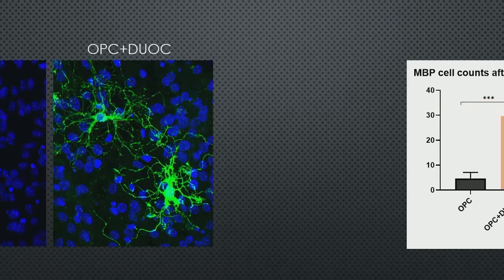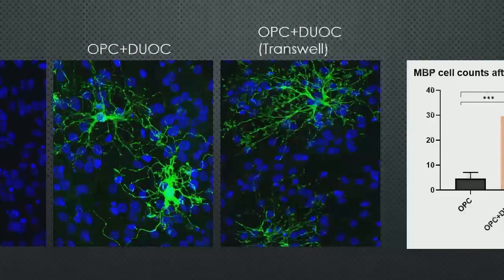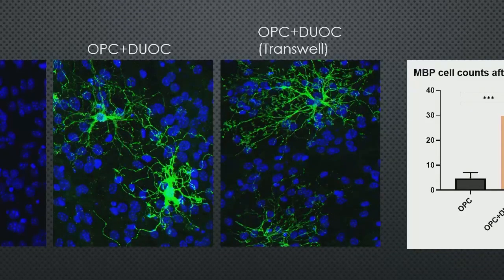And that's, again, quantified here as the amount of cells that express this MBP. When we used a transwell assay, we saw similar amounts of these mature oligodendrocytes, suggesting to us that the DOCO1 did not need to directly contact the OPCs, but they could ensure their maturation by secreting some kind of beneficial factors.